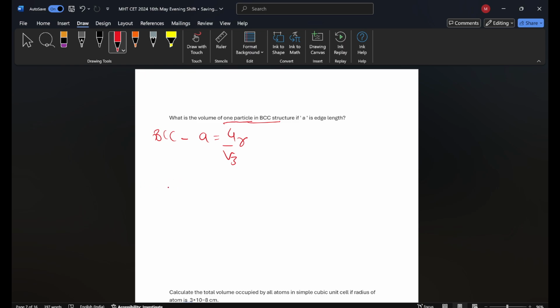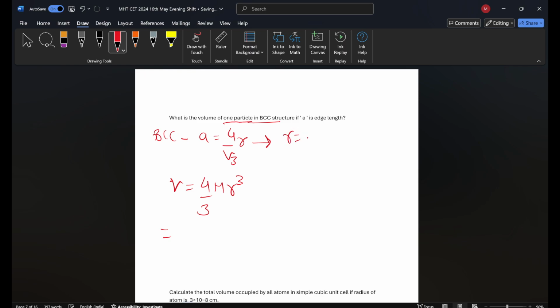So they are asking us what is the volume of particle in BCC structure. So what is volume? Volume of a system is V is equal to 4 by 3 pi r cube. Right. What is the value of R from here?